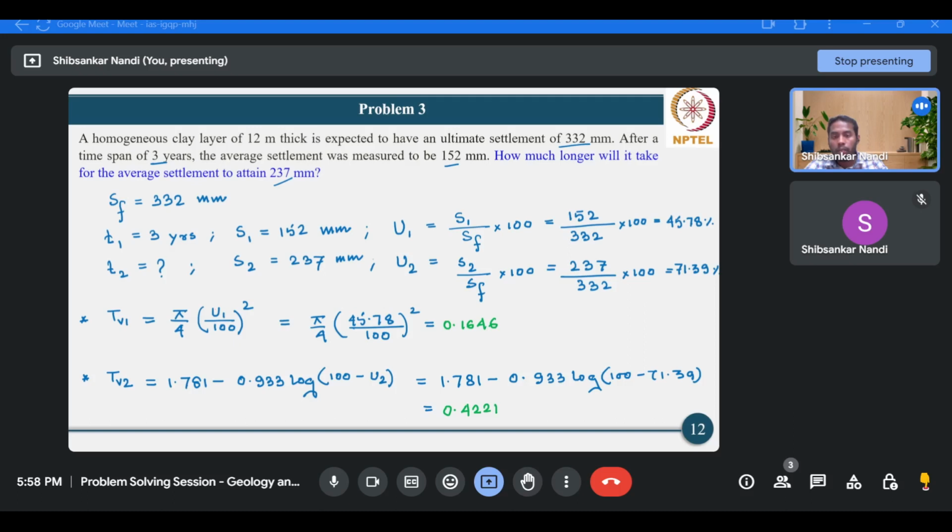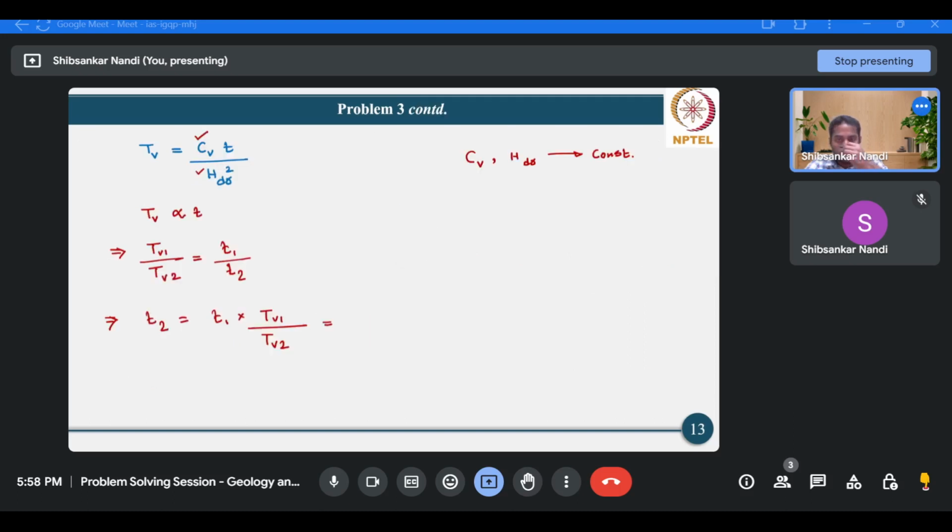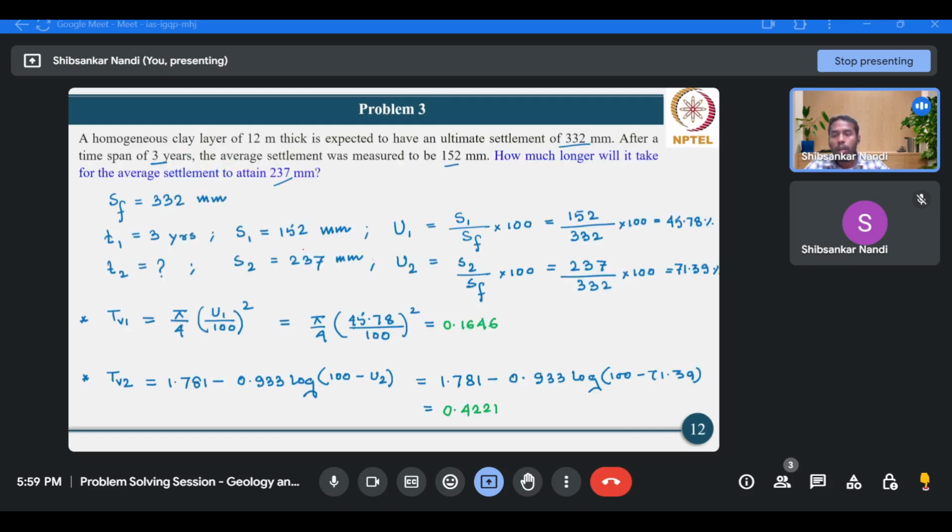Now what is the value of TV1 and TV2? Just let me check it once, I might make a mistake here. Yeah, so this would be the reciprocal, TV2 by TV1. Now what is the value of t1? The t1 value is 3 years.